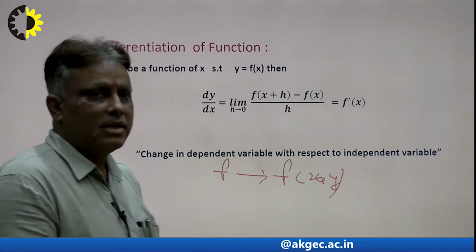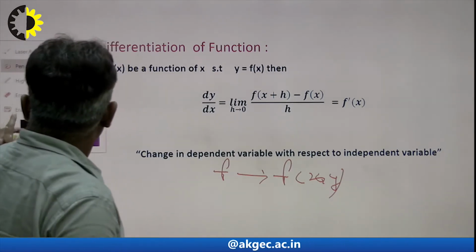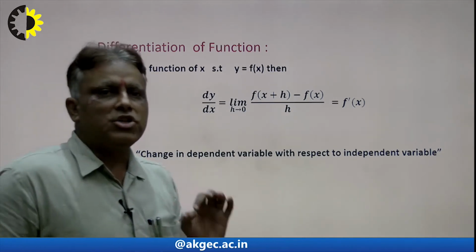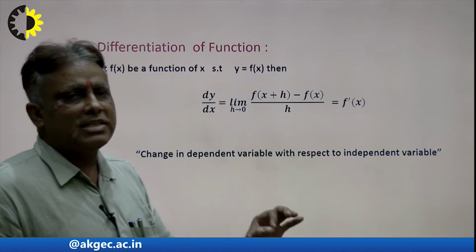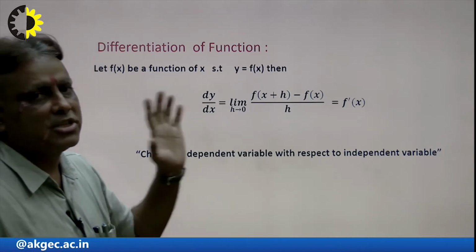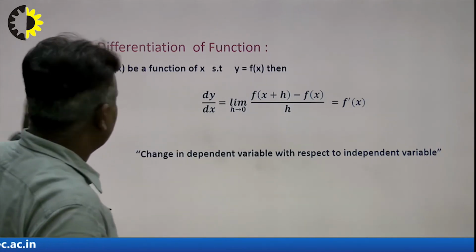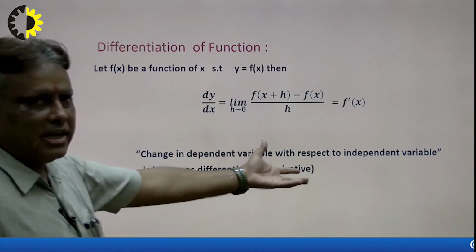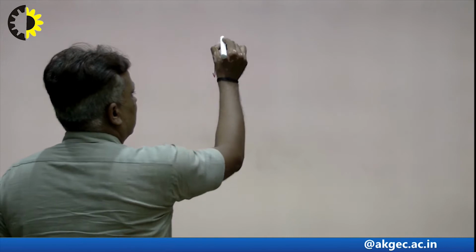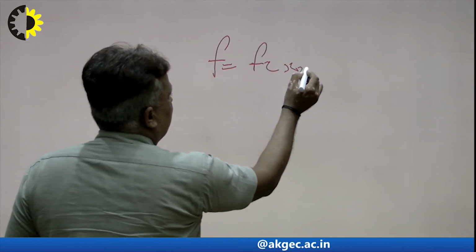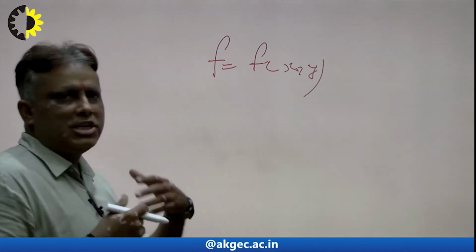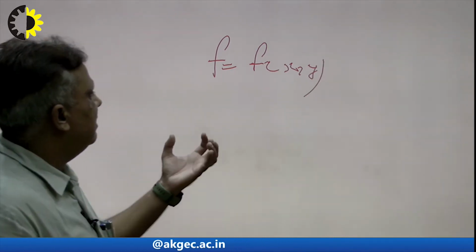Students, listen very carefully. If a function contains more than one variable, then the differentiation is known as partial differentiation. Suppose I have a function f = f(x, y), that means f is a function which contains two independent variables x and y.